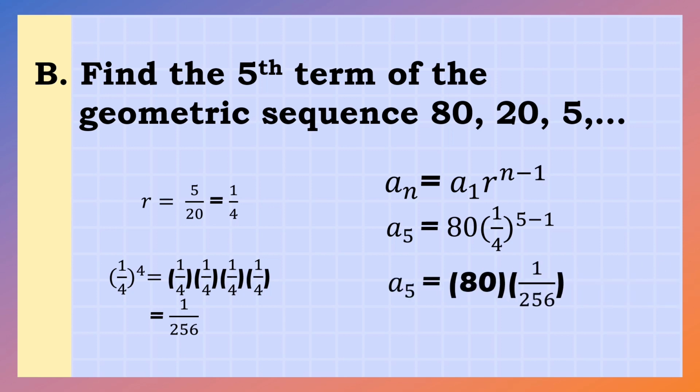Continuing our solution, we have now a sub 5 equals 80 times 1/256. 80 times 1 is 80 all over 256. The GCF of 80 and 256 is 16. Dividing both numerator and denominator by 16, we have 5/16 as your a sub 5.